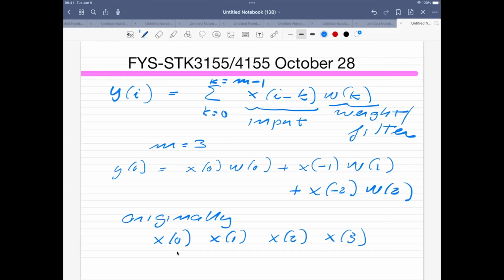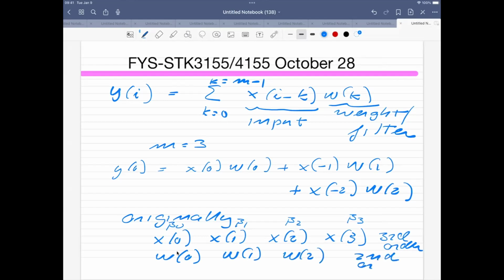This is the third order polynomial, and we labeled those as beta 0, beta 1, beta 2, and beta 3. Then we had the other polynomial, with variables w0, w1, and w2, which was the second order polynomial. In our original example, we called these alpha 0, alpha 1, and alpha 2.